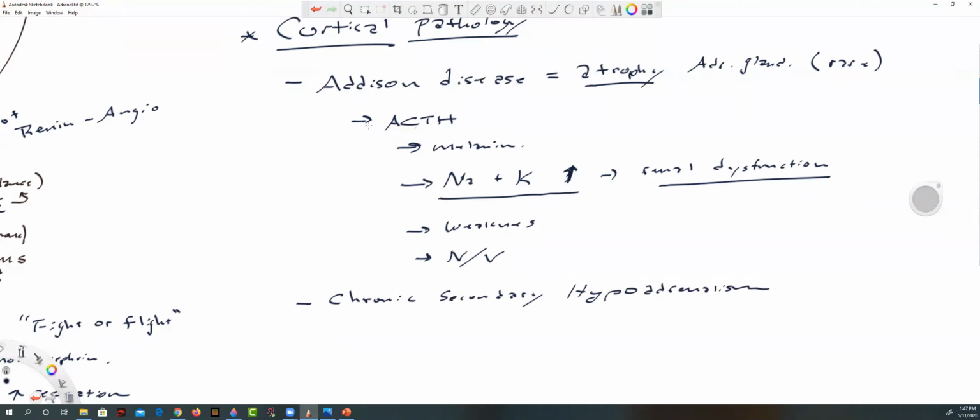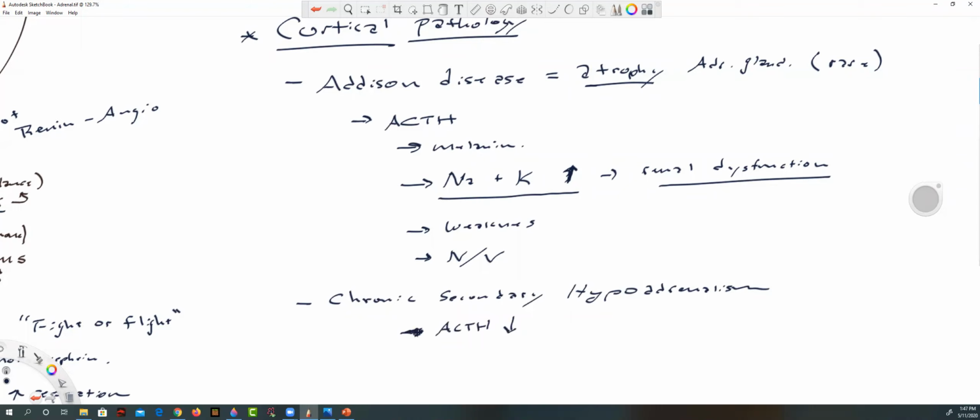So Addison's is hypoadrenalism, but with chronic secondary hypoadrenalism, it's going to have some similar results, except this one actually has ACTH decreased.